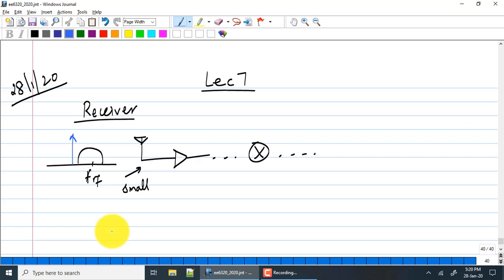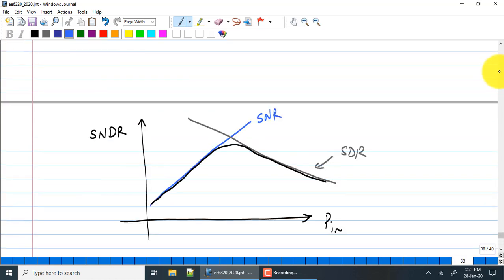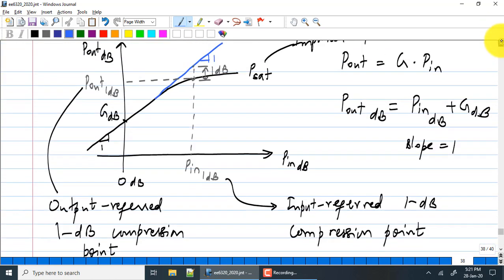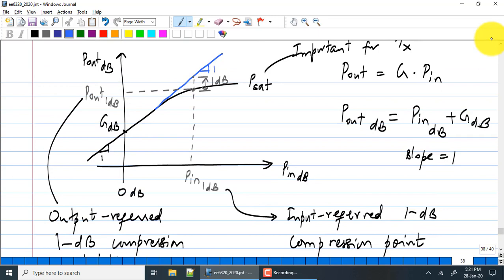Okay. So, instead of putting in just one tone, we will put in two tones into the system and see what happens. If you put in one tone, you will see what we have seen before. You will see compression. You're putting in one frequency, you're looking at the other frequency, right? And you see what happens, that will give you compression. Okay.